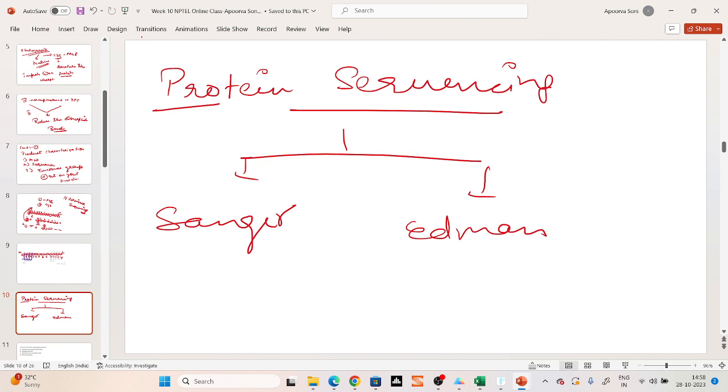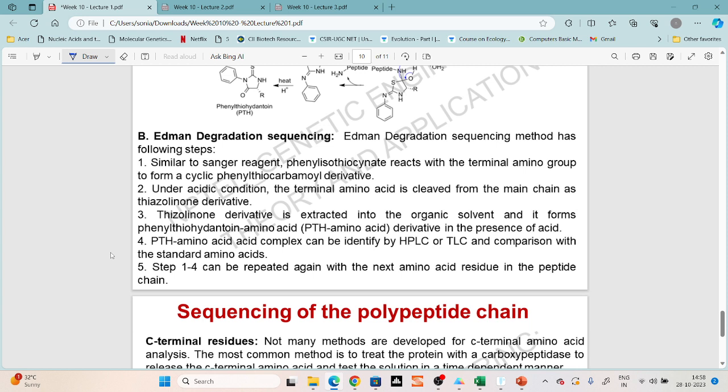In both, first there is a reagent that reacts with the N-terminal amino acid. Here it is known as Sanger's reagent. Here it is known as phenyl isothiocyanate. Then the N-terminal amino acid is cleaved, and the whole step you can just read out. There's nothing much to explain over here. You just have to understand the basic logic that I've already told you, that first the N-terminal amino acid is removed and then it is sequenced.